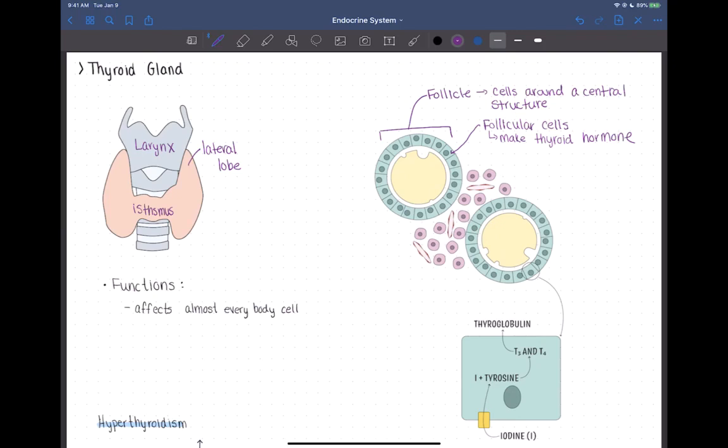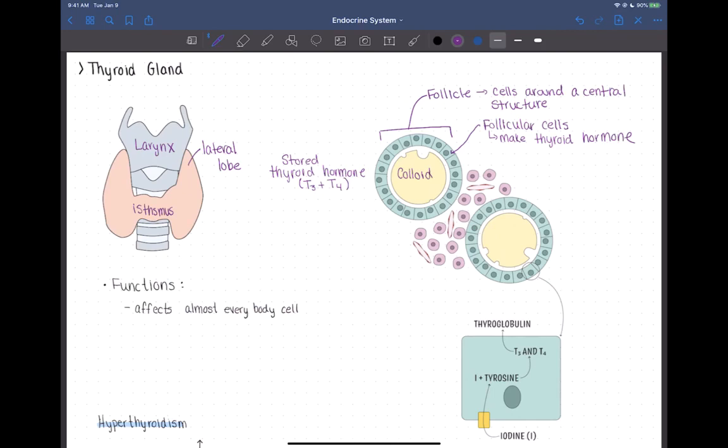Okay, and so we'll talk about the process in just a moment of how it makes thyroid hormone, but let's finish talking about everything else we have in this picture. Okay, so our central structure, all right, would be this yellow structure, and so this is called colloid. All right, so colloid is essentially stored thyroid hormone. And so specifically when we're talking about thyroid hormone, we refer to T3 and T4.